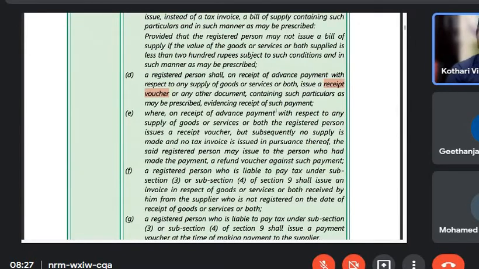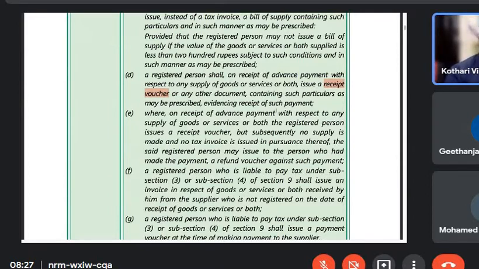Now, if it is a supply of goods and you receive advance, then what happens? You need not pay GST on the advance received. But if it is a supply of service and you receive advance, then what happens? You have to pay GST on the advance received. So we are talking only about those taxable advances on which GST is payable.